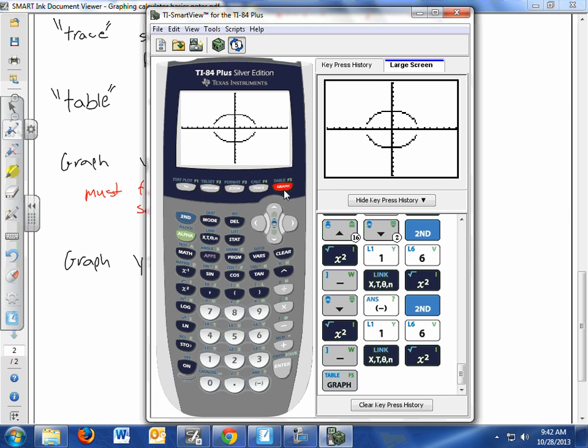Doesn't look like a circle, but it is. Because the graph is stretched. There's 10 units that go right here. There's 10 units that go right here. So since there's more space to go over there, it looks more like an ellipse. That's how you get a circle.